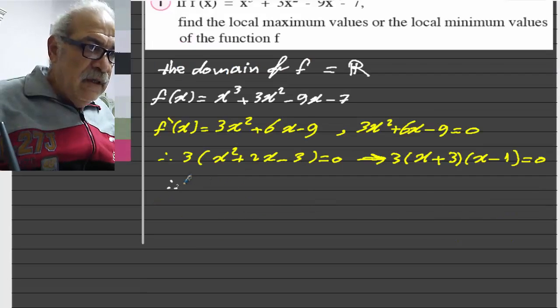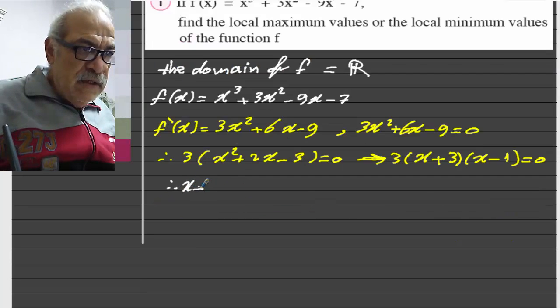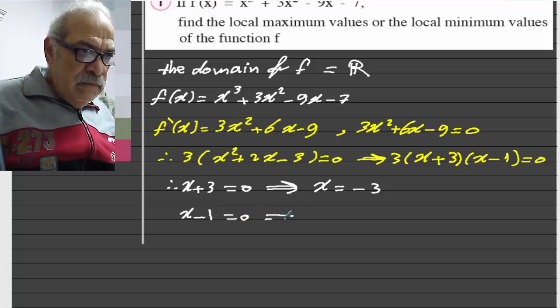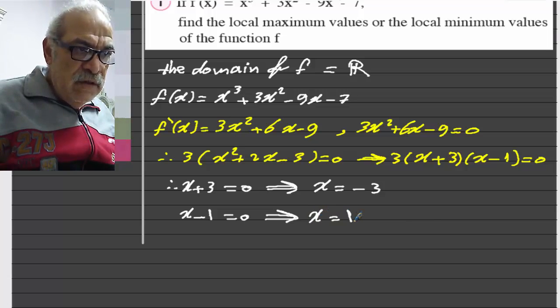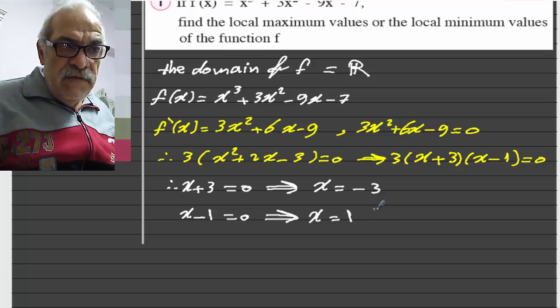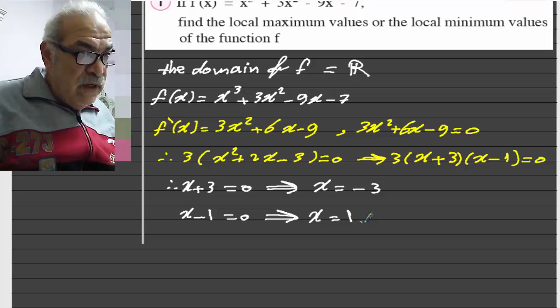So putting x plus 3 equals 0, we get x equals negative 3, and x minus 1 equals 0, we get x equals 1. So there are two critical points, when x equals negative 3 and x equals 1.